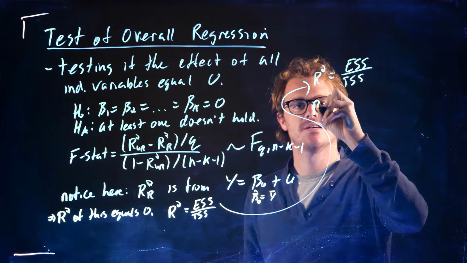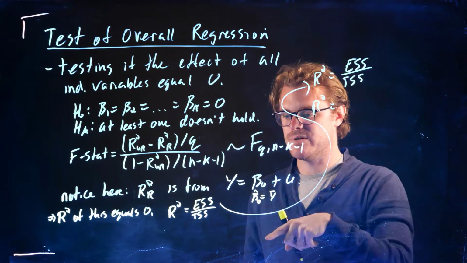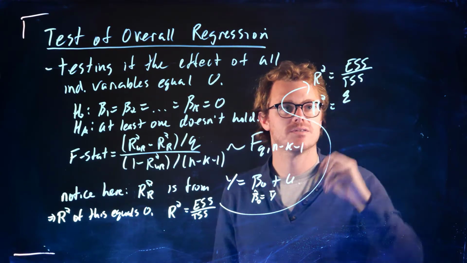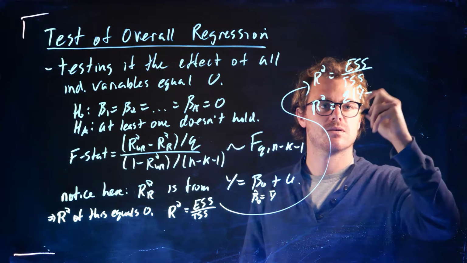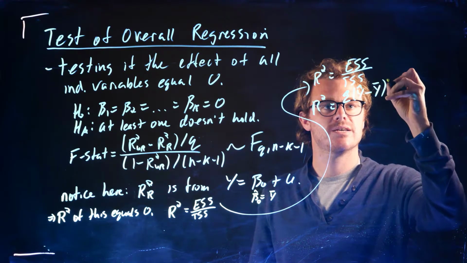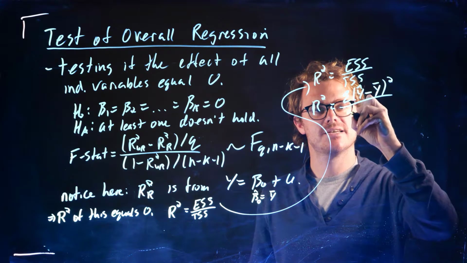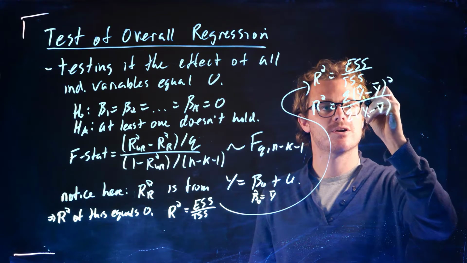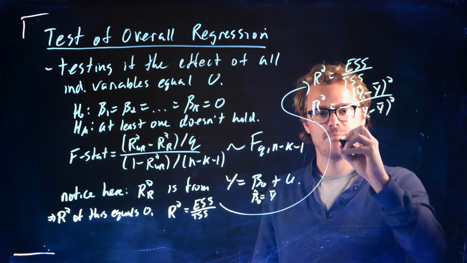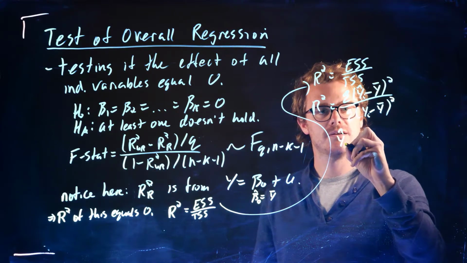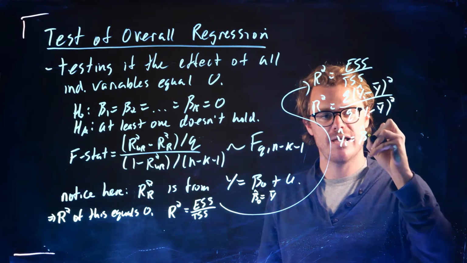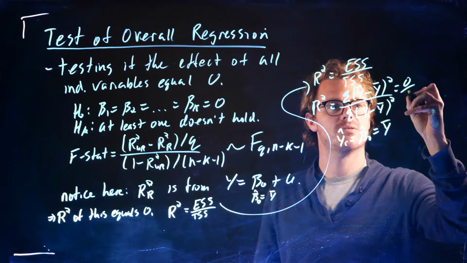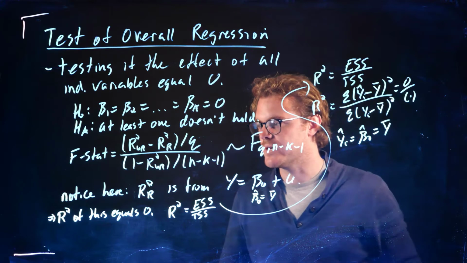The explained sum of squares is the total variation in our predicted y's, and TSS is the variation in our actual y's, and we're summing over all the y's. But here, y hat i is going to be equal to beta hat 0, which is y bar. So this is going to be 0 over something. So that's why this R squared equals 0.